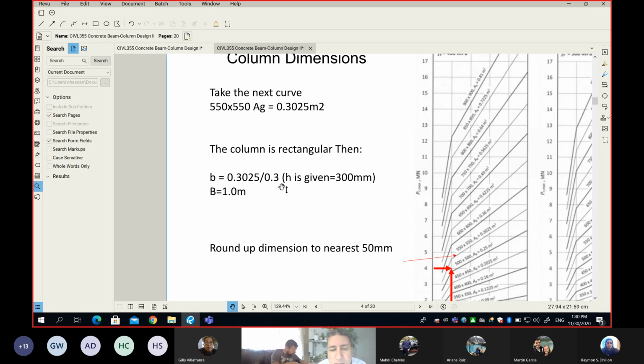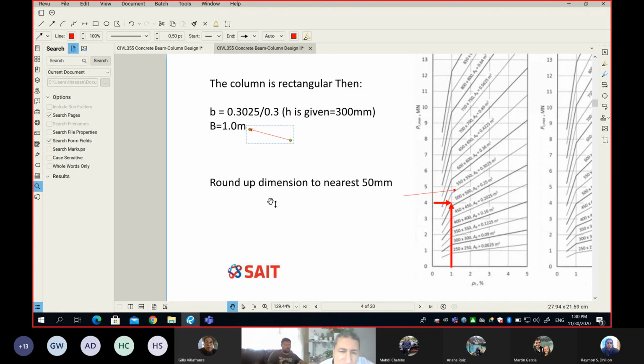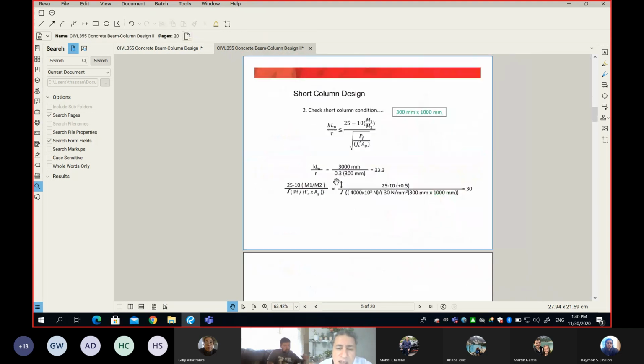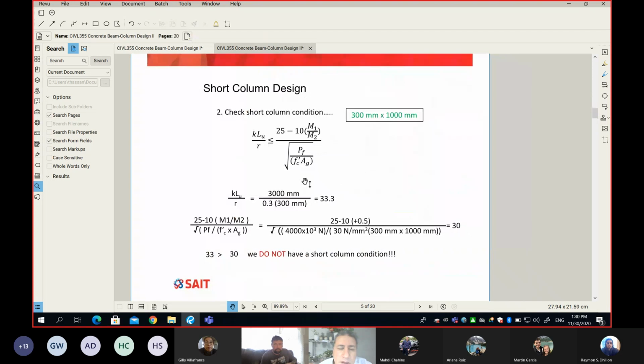So the 300 mil, it is 0.3 meter. And what happened here is I got the length of your column equal to 1 meter. Luckily, we got 1 meter, but just in case if you get any other number, not nice number, make sure you round up your dimension to the nearest 50 millimeter. Any questions so far? Please say yes or no so I can continue. Not so far. Okay, excellent.